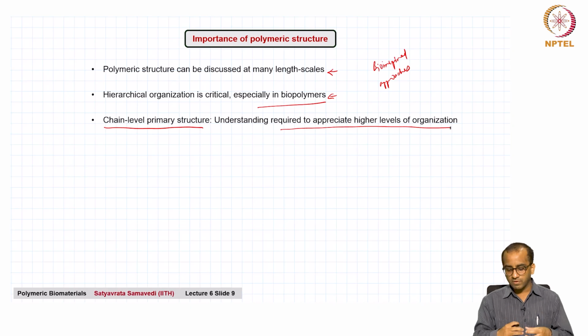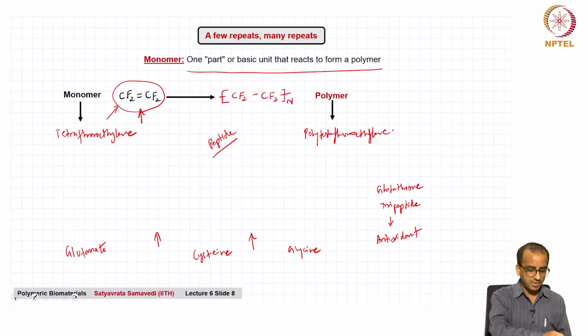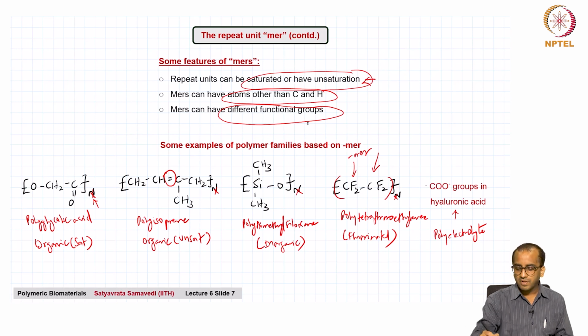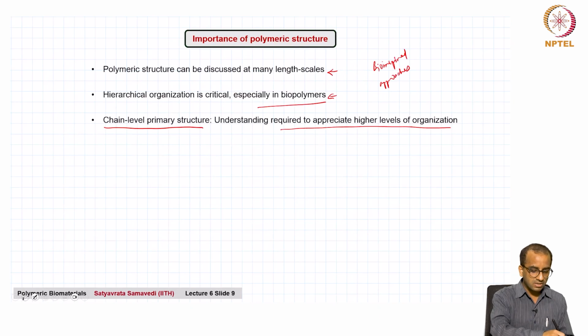So, we start off one level below the chain, where we are looking at how the chain itself is formed. There you can talk about the molecular structure, what kind of atoms are sticking out. We saw that you can have different functional groups in the MER. So, based on the MER, what is the molecular structure? That is something you can think about.